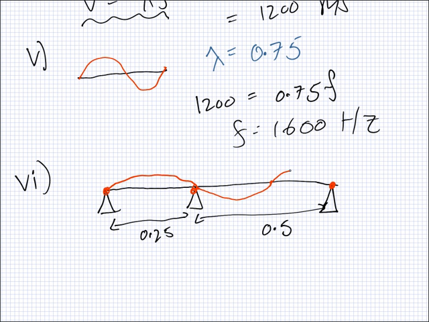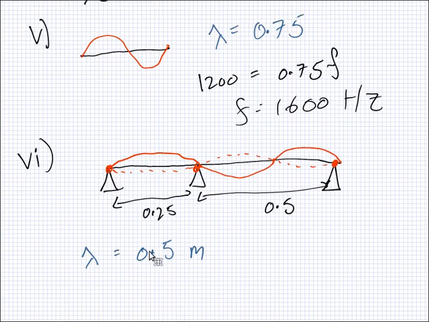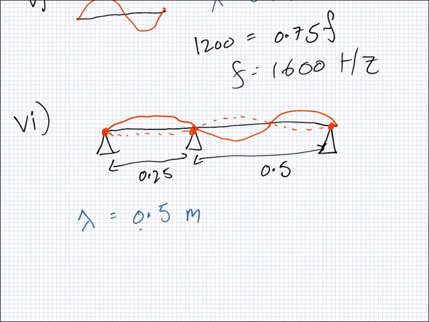Which means you basically have this picture. So they all add to 0.75. It still adds up to 0.75, yeah. So what is the wavelength here? The wavelength would be 0.5 meters. And what did they ask you for? Just to draw it? Yeah, with the full length of the string.